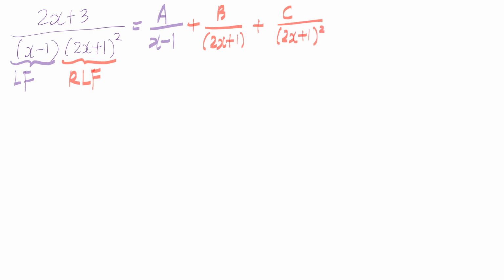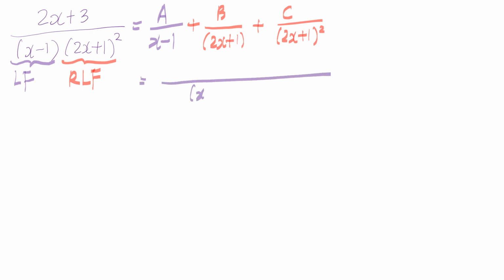Alright, so that is the rule to use. If you have a repeated linear factor, it will be a constant over the linear factor plus another constant over the repeated linear factor.